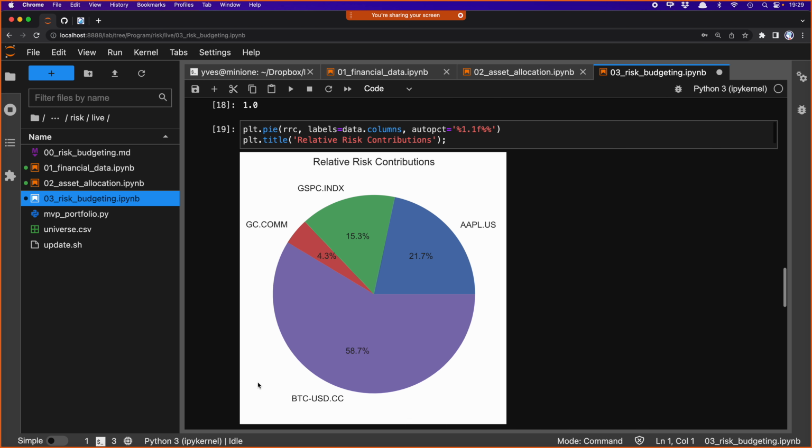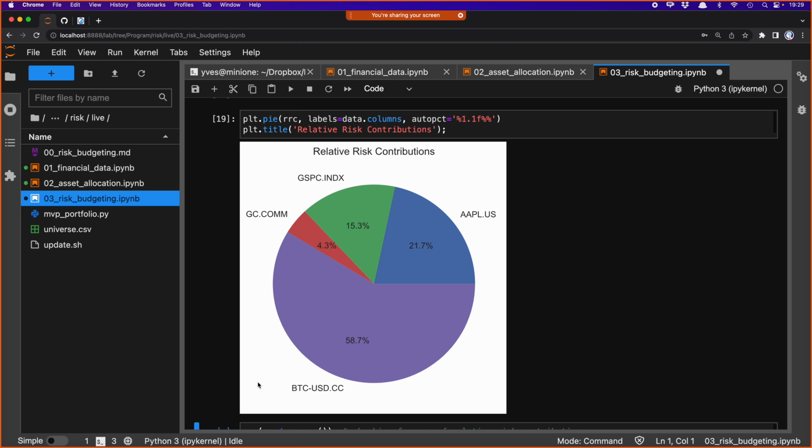We have seen the numbers here. So for the equally weighted portfolio, 25% is in Bitcoin, but the risk contribution is 58.7%. Not a big surprise, as volatile as it is. Gold has 25, but its risk contribution is 4.3. Then we have GSPC, the S&P 500, 15%, and Apple 21% overall risk contribution.